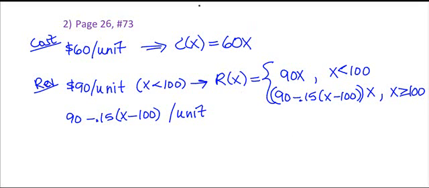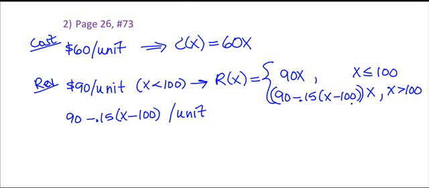You know what? I said that backwards, didn't I? I'm sorry. This was 100 or less, so let me get that straight. This should be x is less than or equal to 100. And the second piece is defined for values strictly greater than 100.